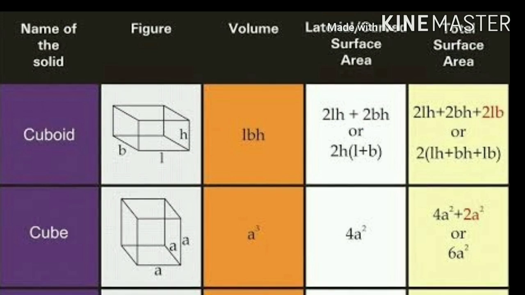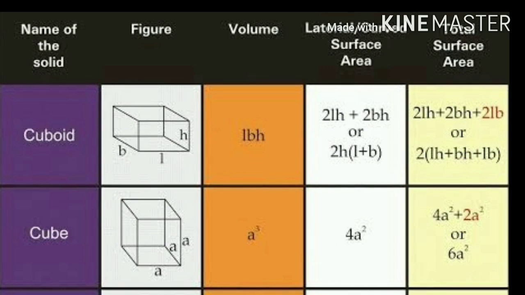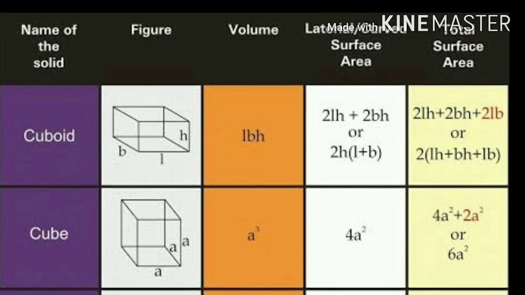For a cuboid, you can remember the example of the classroom or the room where you sit in your house. That will be in the shape of a cuboid. The volume of a cuboid is given as L into B into H, that is length into breadth into height.